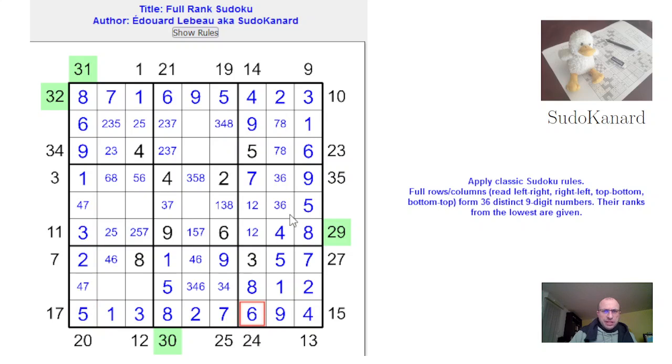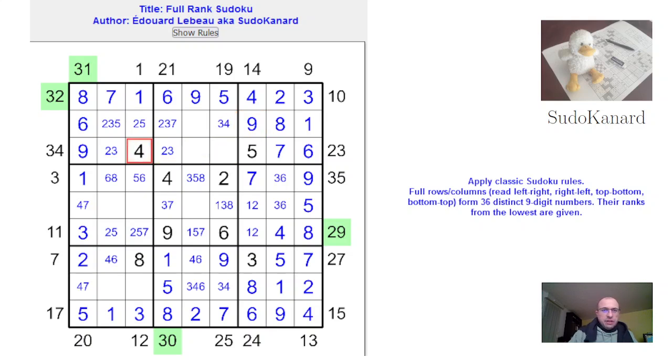What about this 6? Yes, I'm saying this 24th begins with 683. If I try to make this an 8, that's 685, and then this number is bigger than this one, whereas the ranks say the opposite. So this is 7 and this is 8.